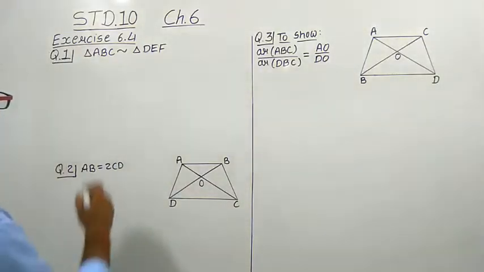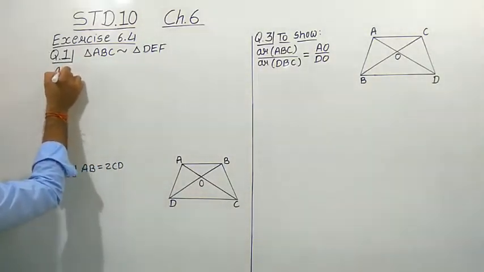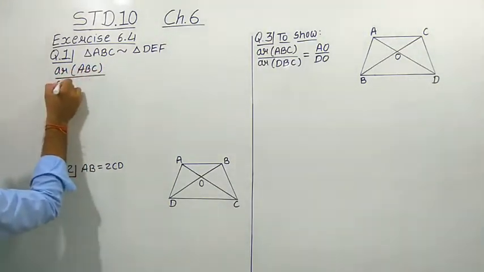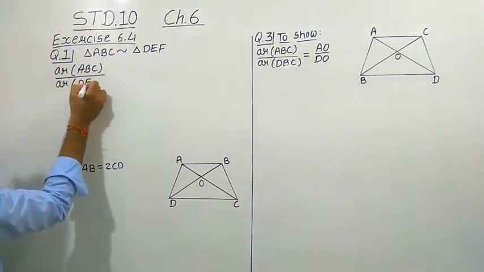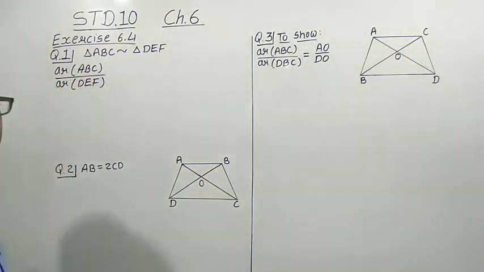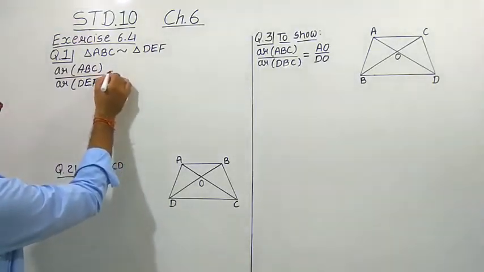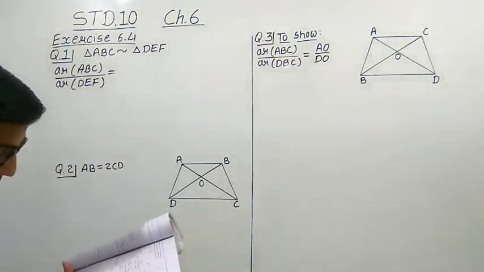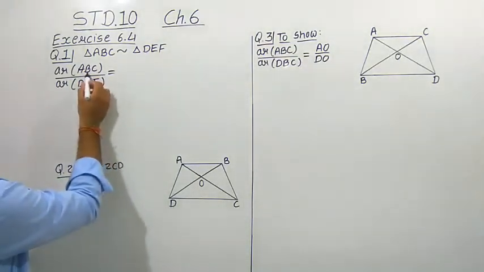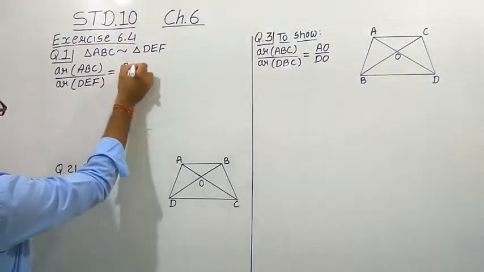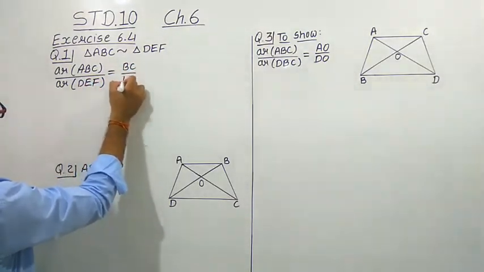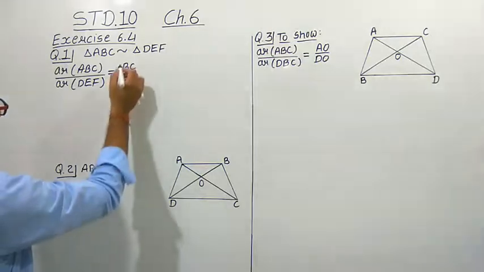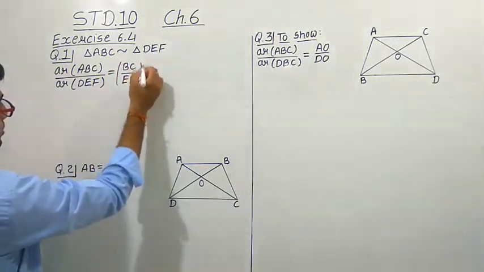That is, we can write here area of ABC upon area of DEF, that is the ratio of the two similar triangles, equals, if we take the side that we are given, BC, of triangle ABC, then we have to take the side EF, and the ratio of these two sides, and this is the square of this ratio.